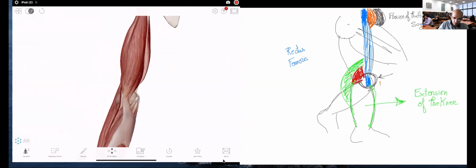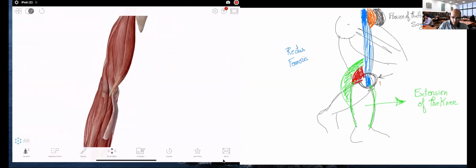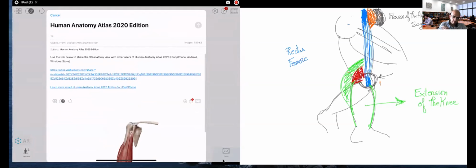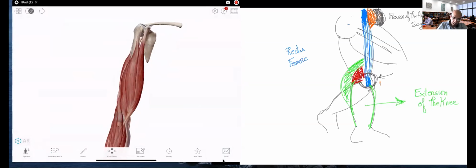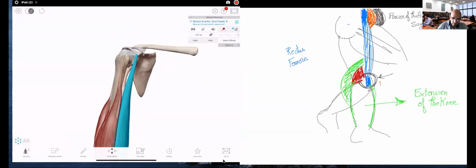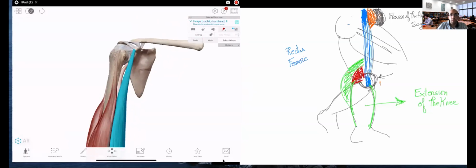We've seen a group of muscles located in the arm that will apply their action to allow the movement of the forearm, and this includes my biceps brachii. Remember, the biceps brachii did have two heads, has two parts.